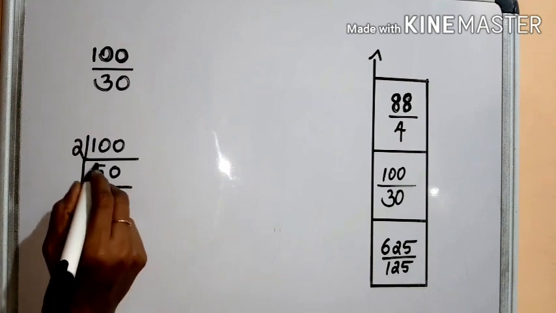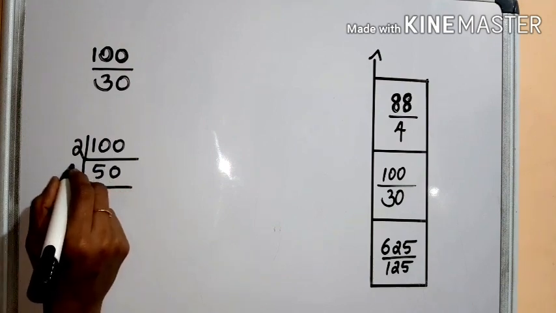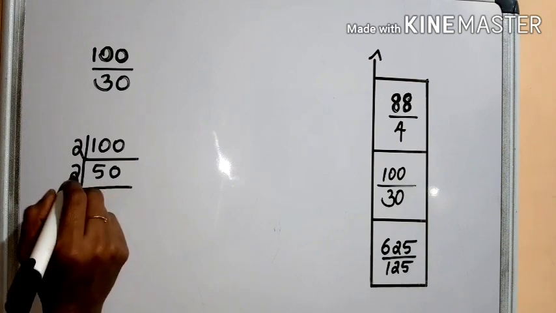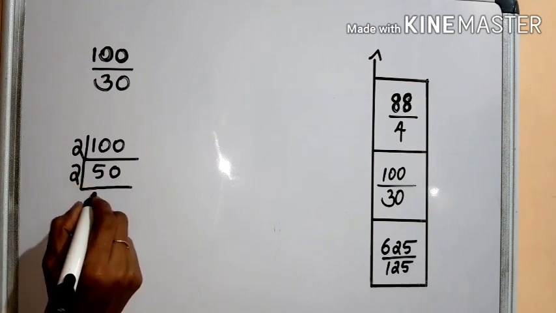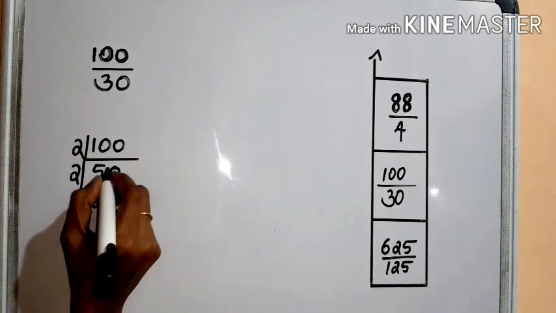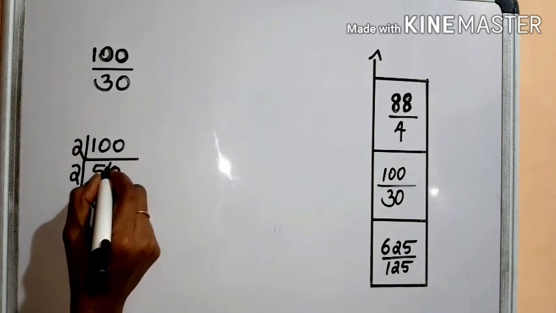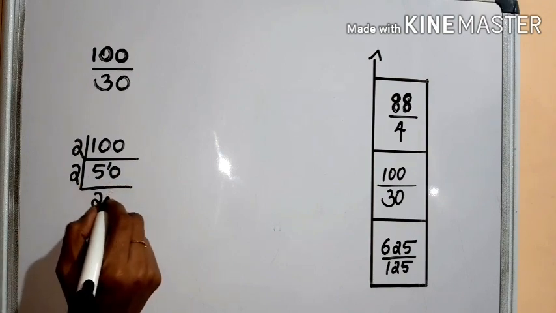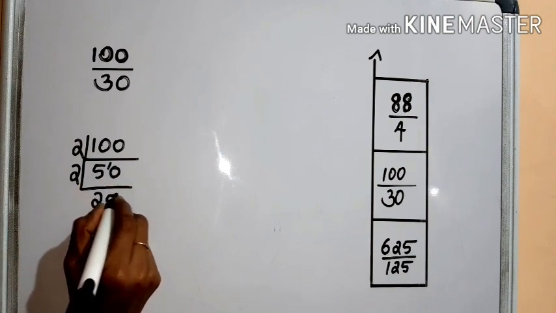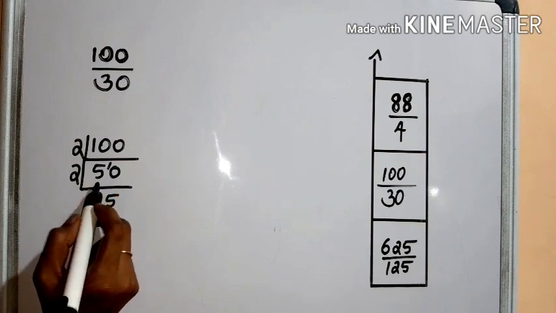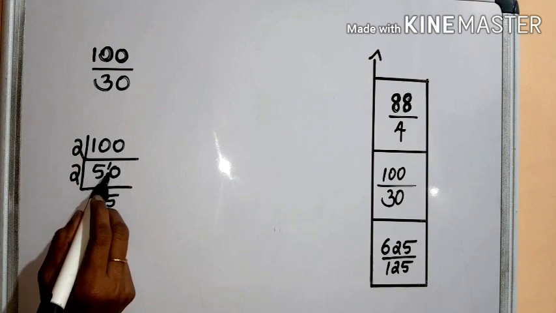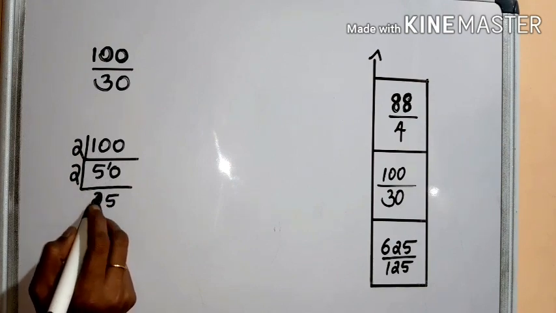Again we have an even number, by 2 possible. From 5, how many 2's can we take away? Yes, 2 2's are 4. Remainder 1. It becomes 10. From 10, how many 2's? Yes, 5. Or 50 divided by 2, 25.